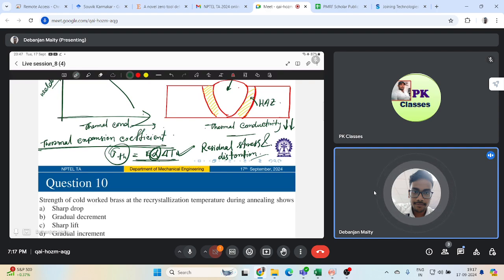So whenever your metal has a higher thermal expansion coefficient, it will show a greater residual stress or distortion tendency as compared to metals which have a low coefficient of expansion, like mild steel. Mild steel has a low coefficient of expansion.